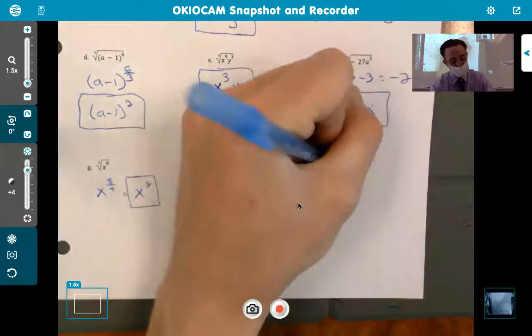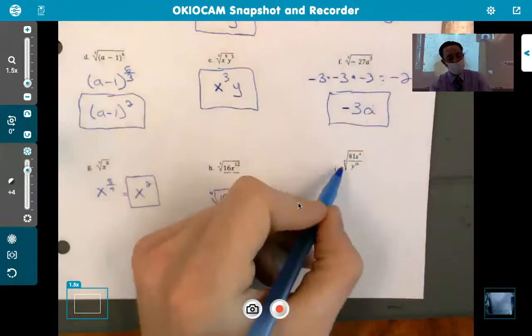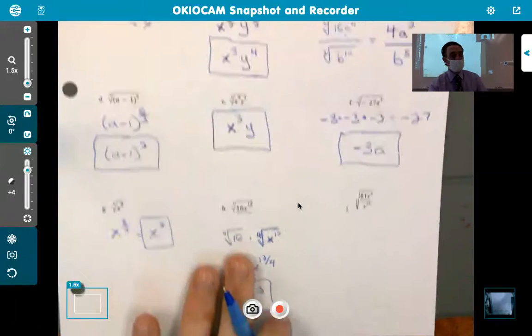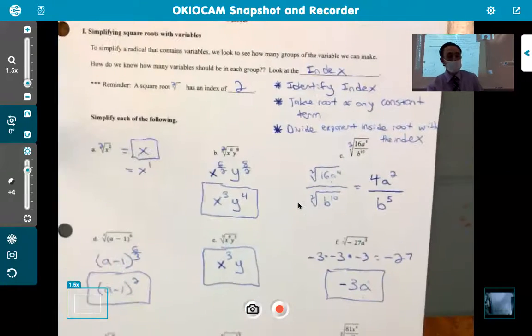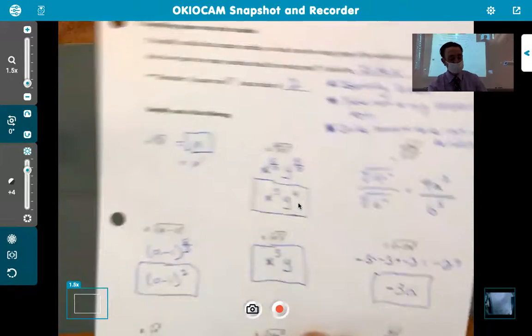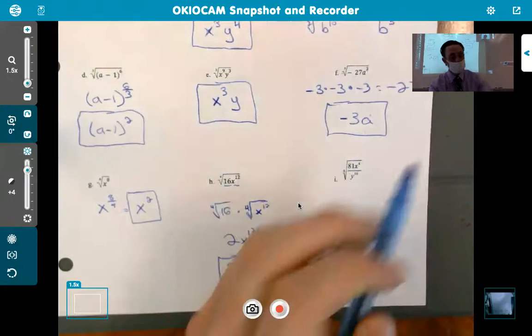Okay, let's take a look at this last example here on the front page. So I have the fourth root again of 81x to the fourth over y to the 16th. Think back to what we did in part C here with the square root, but I was still doing it with a fraction. You can do the same thing even if the index changes.